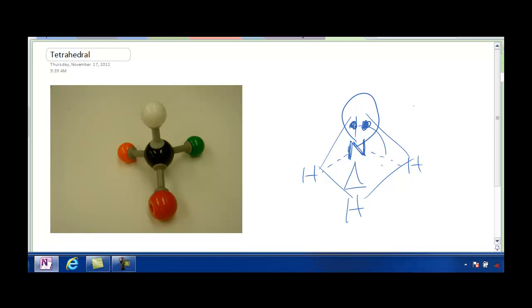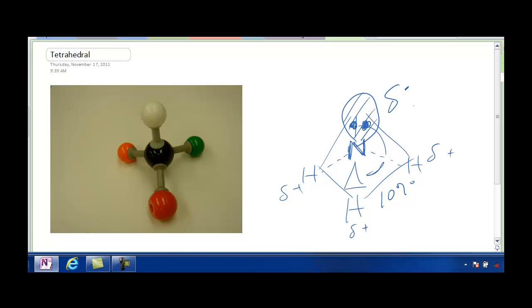That's squishing these angles from 109 to 107 degrees. Because I have a big negative section. Besides, nitrogen is more electronegative than hydrogen, so these hydrogens are going to be slightly positive. Okay, so I have 107 degree angles.